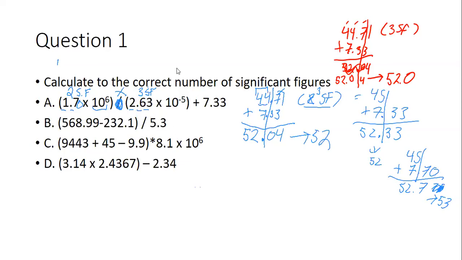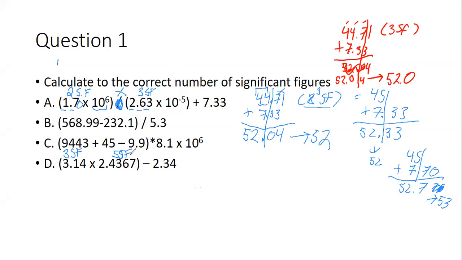Okay, so we have 3.14, 3 sig figs, multiplied by 2.4367, 5 sig figs. So our answer should only have 3 sig figs from the parentheses.